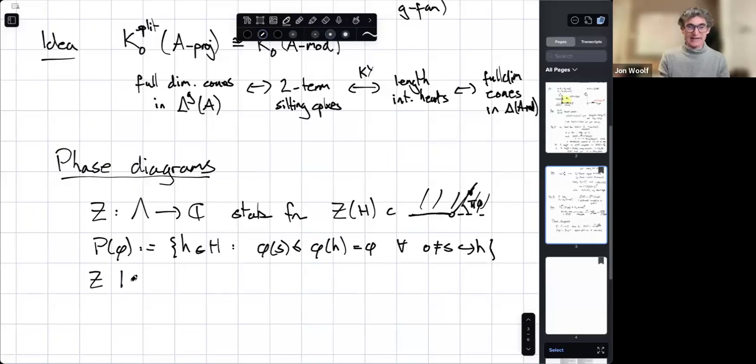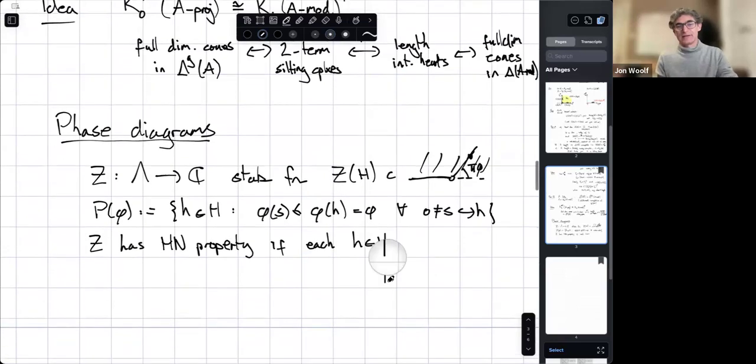And I'm going to say that Z has the Harder-Narasimhan property if each object in my abelian category H has an HN filtration.